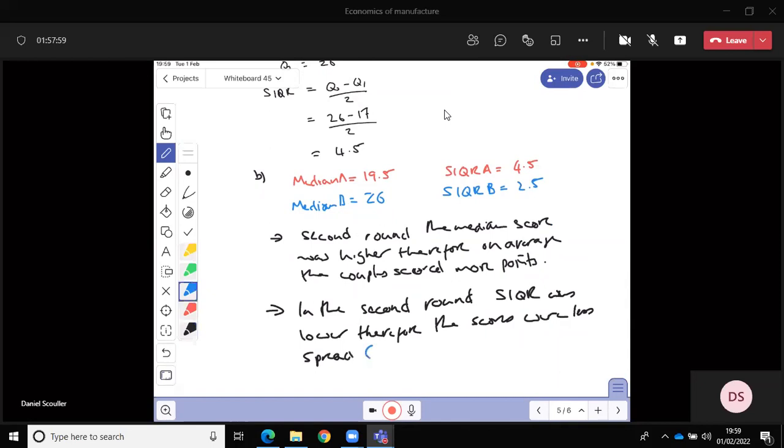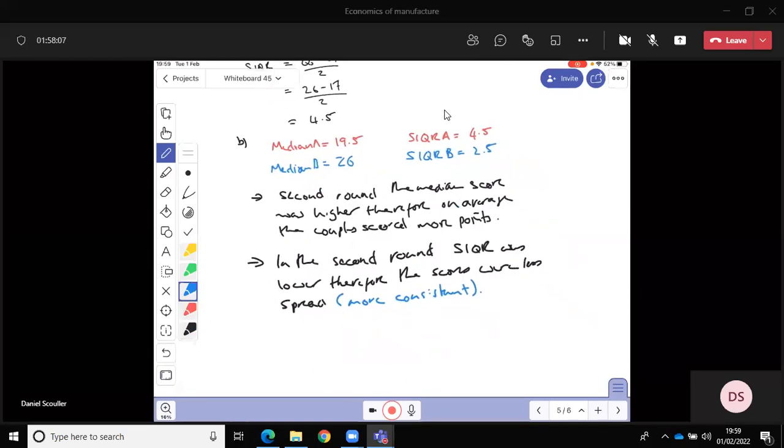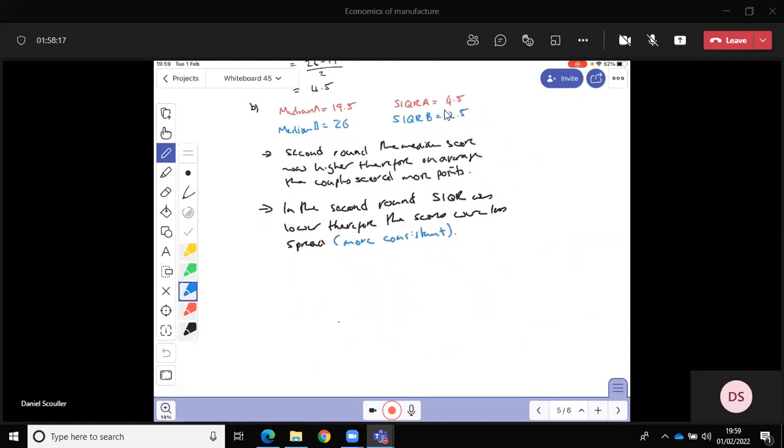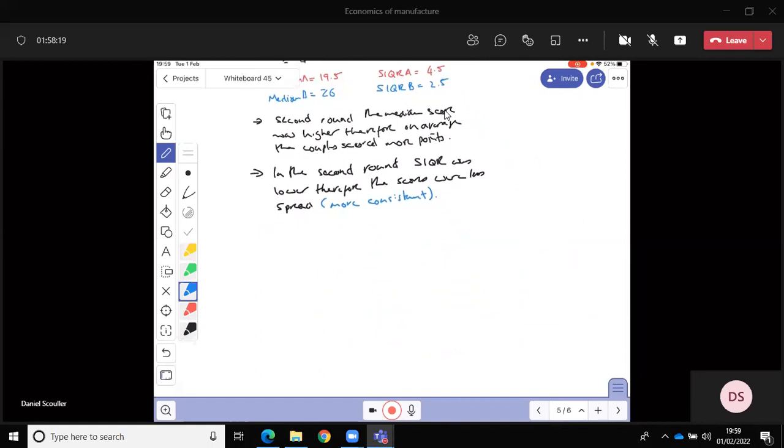To write that another way, more consistent. So two valid statements referring to the question and referring to the term, showing that you know what it means. Okay, guys, any questions on that? Anyone get anything vastly different? Nice one. Let's move on.